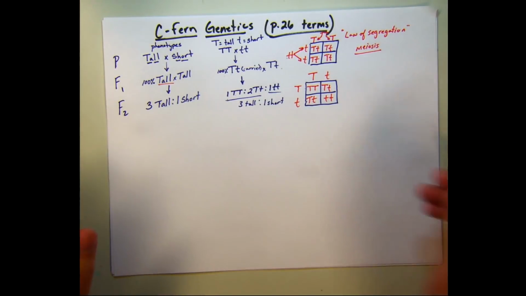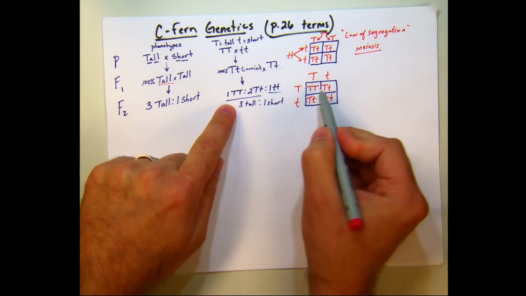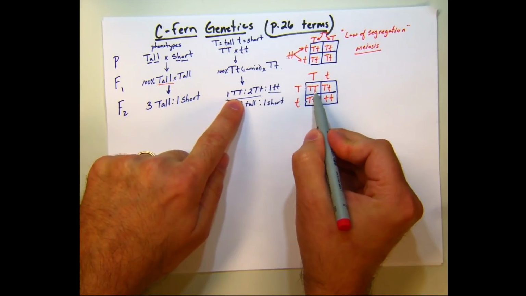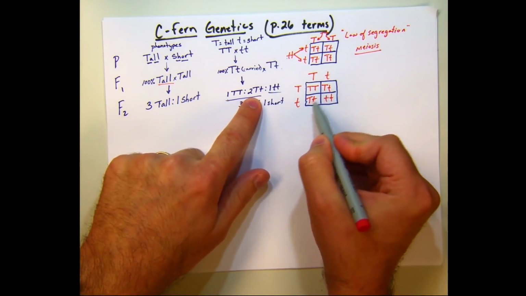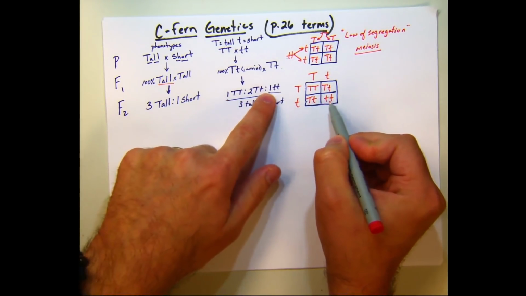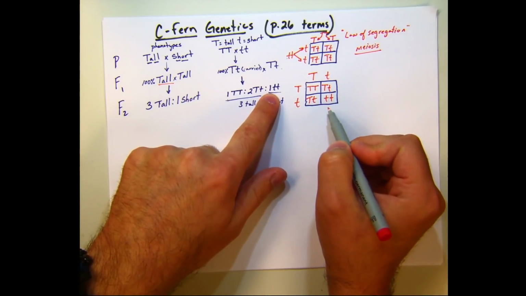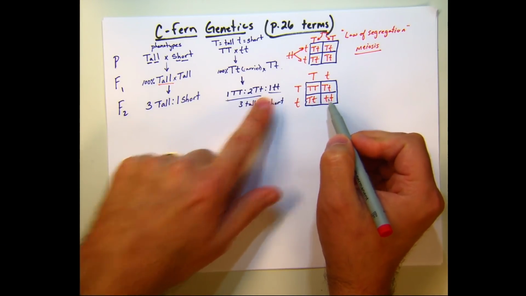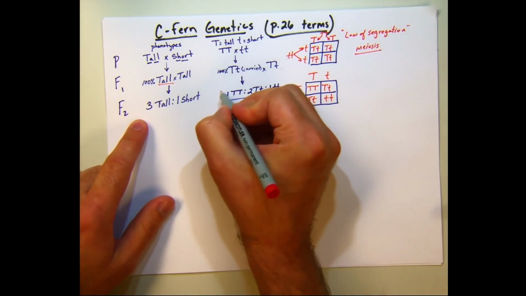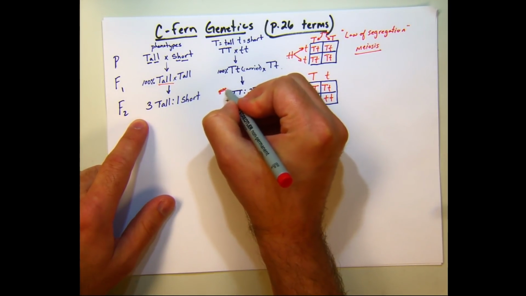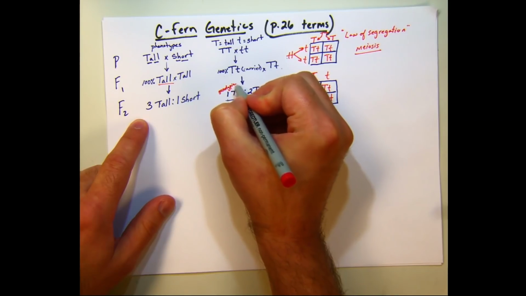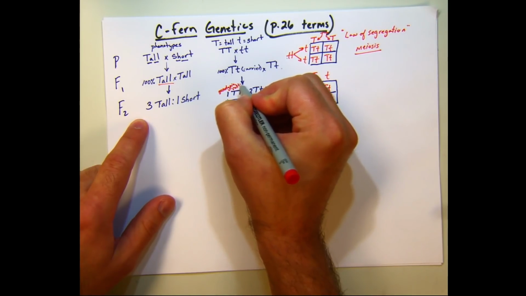Now, if we put this in terms of a ratio, we see we get one homozygous dominant for every two heterozygous genotypes to every one homozygous recessive. This right here is referred to as your genotypic ratio.